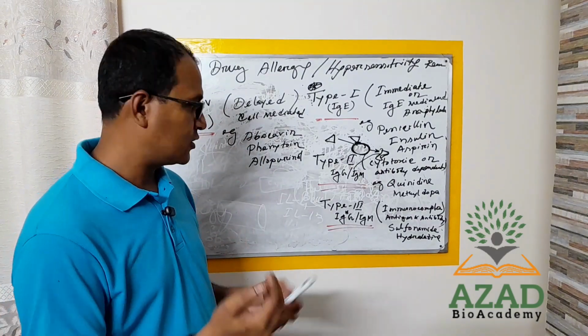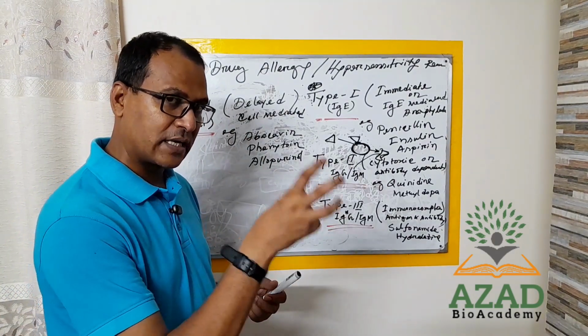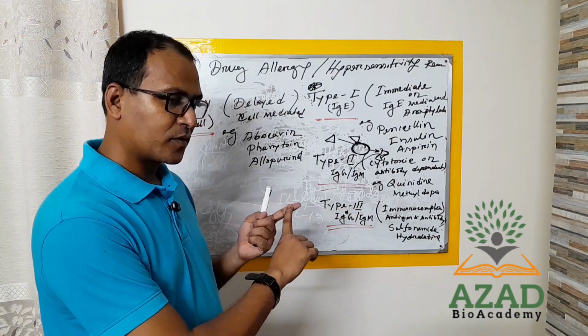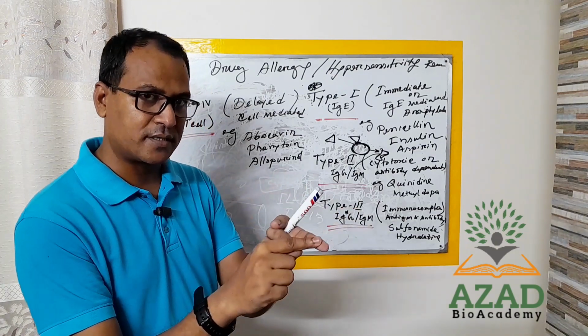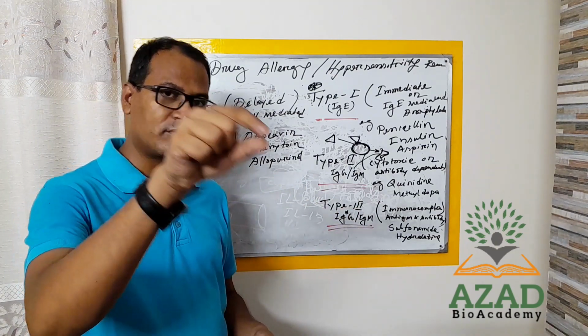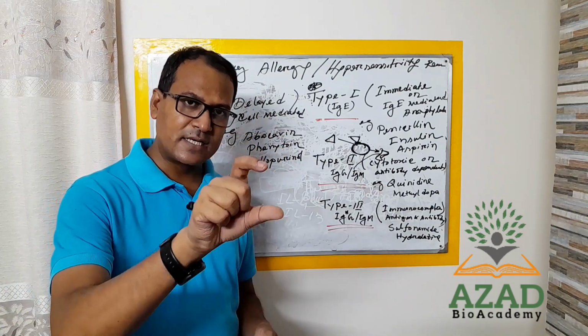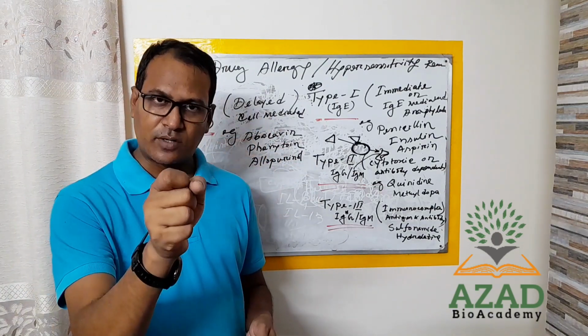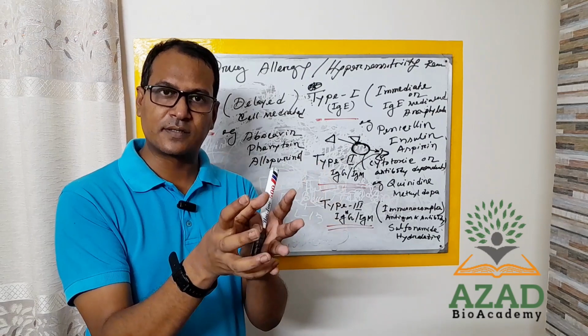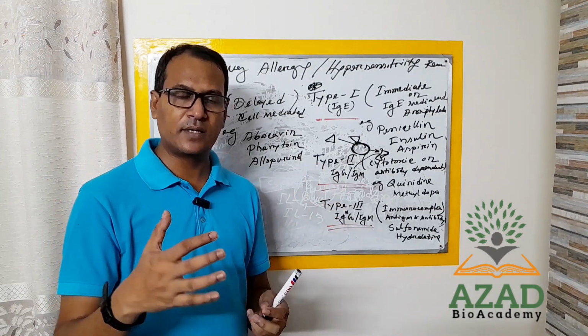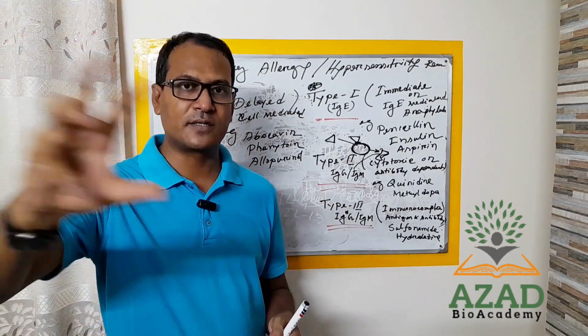Okay, and your body's immune system will produce antibody, and that antibody will make a complex with that antigen. That means the drug will bind with the antibody, and the antigen antibody complex will form, and that complex will just circulate through the bloodstream.